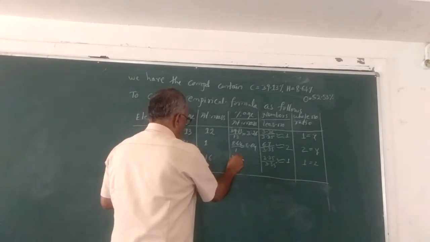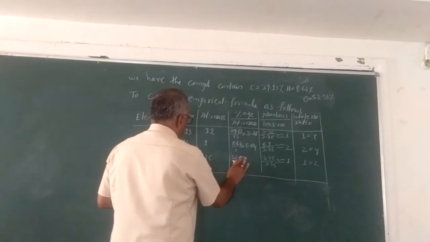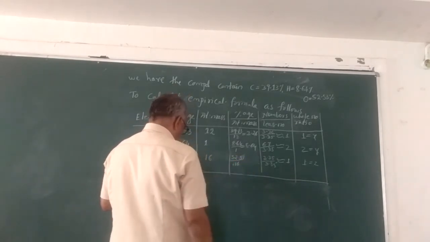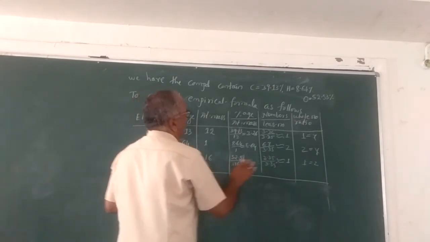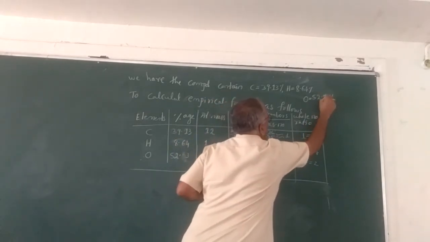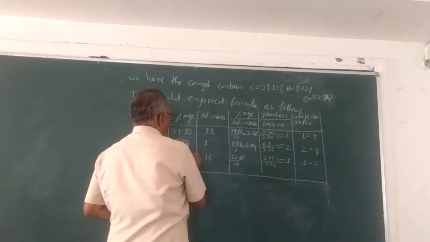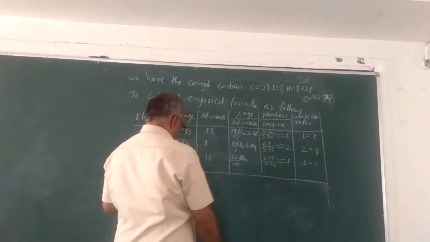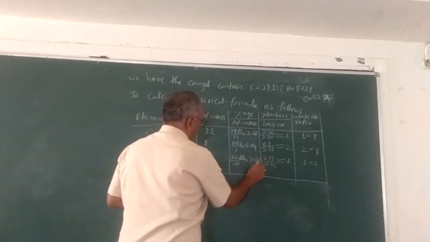Then 52.53 divided by 16, you will get 3.26.